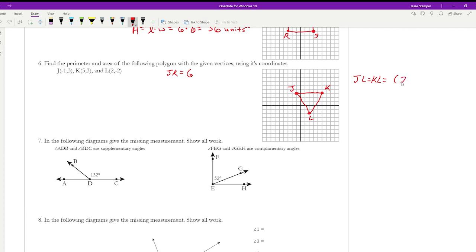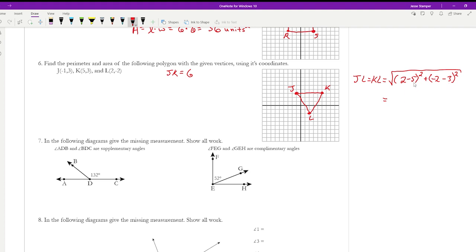So how about 2 minus 5, because 2 is the x value for L and 5 is the x value for K, squared, plus negative 2 minus 3 squared, because indeed negative 2 is the y value for L and 3 is the y value for K.